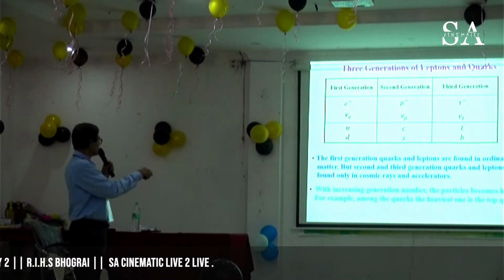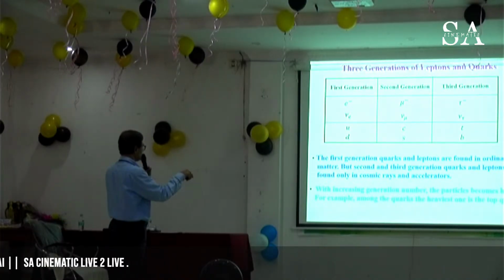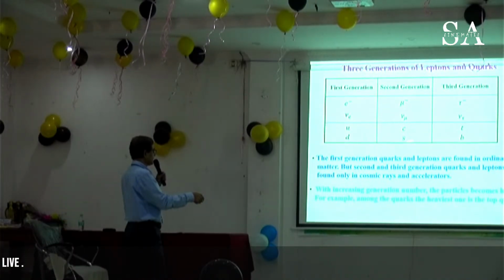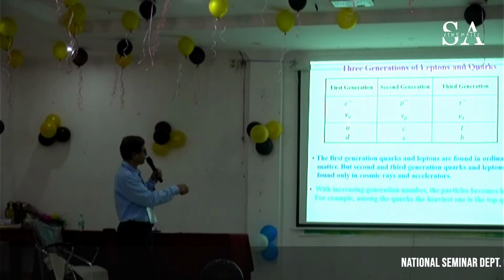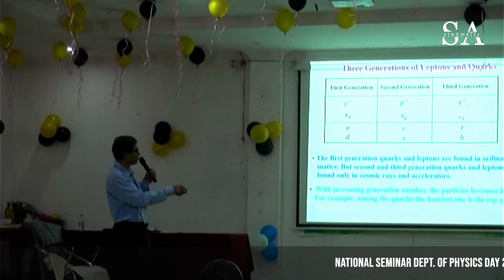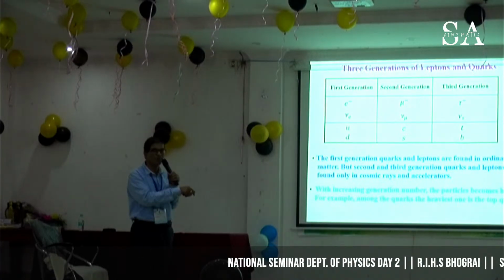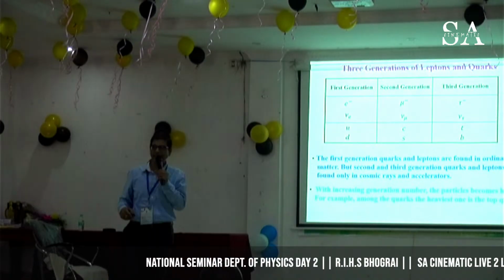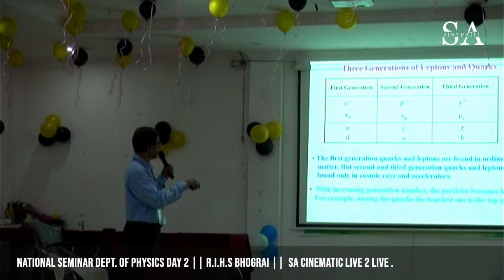You will see the 6 quarks in the first generation: up, down, charm, strange, top, bottom. Similarly, the leptons: electron type, muon type, tau. The first generation quarks and leptons are found in ordinary matter, whereas the second and third generation quarks are found only in cosmic rays and accelerators.